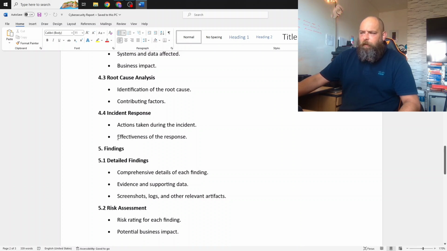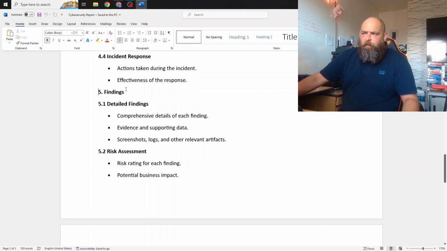And then lastly on that part is the effectiveness of the response. Now again, this would also fall into your overall cybersecurity incident report, where law enforcement or external investigative procedures would be covered. That would be included within 4.4.